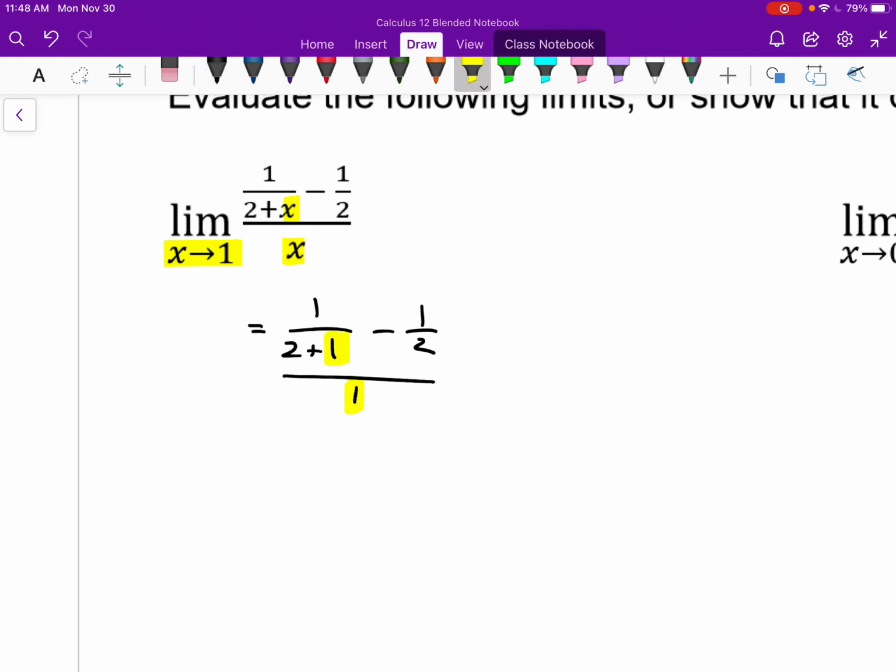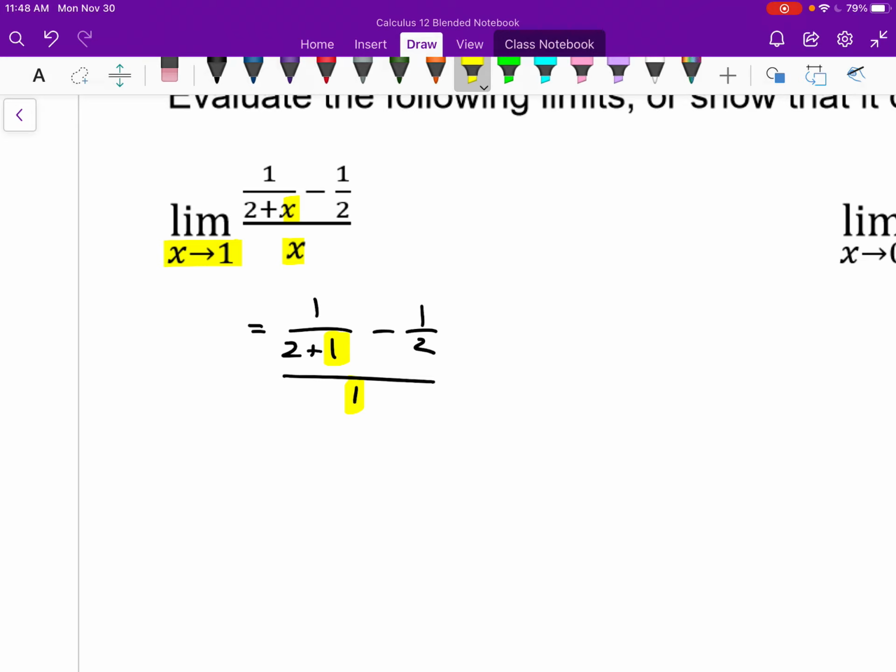All I really care about when evaluating these things is that I'm not dividing by 0, and I'm never dividing by 0. So there's nothing wrong with substituting a value in. It's just usually not going to be helpful, as we'll see for every other example after this. But it's not a bad idea.